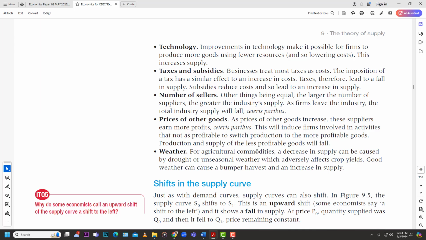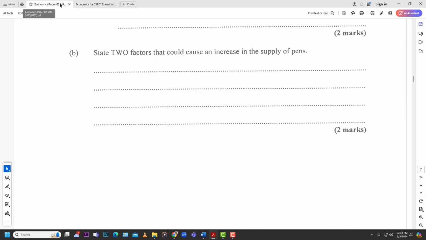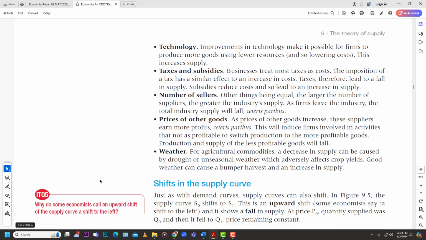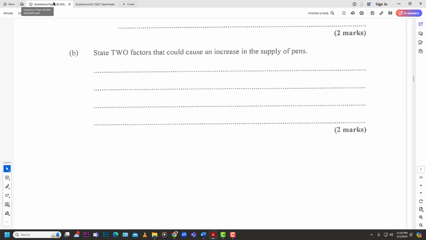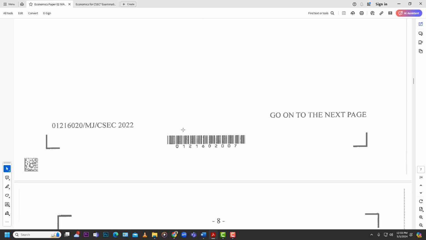So now the number of suppliers has reduced, and so that will reduce the supply of pens. But the opposite is true, because they're asking for an increase, right? Factors that would increase supply of pens. So if more sellers come into the market for pens, then there'll be a higher supply of pens available out there. So those are just some of the factors that can cause an increase in the supply of pens.